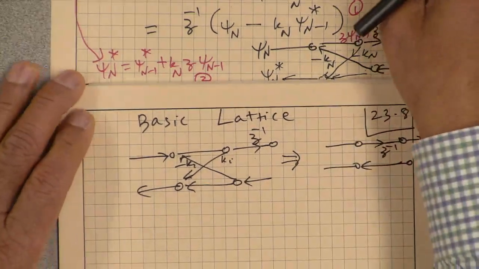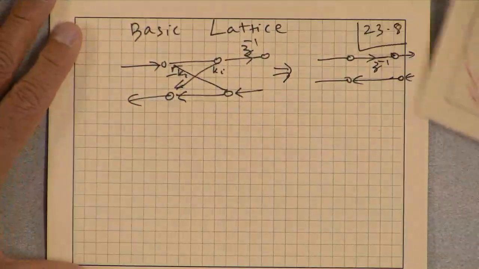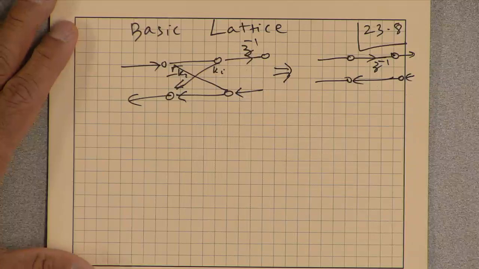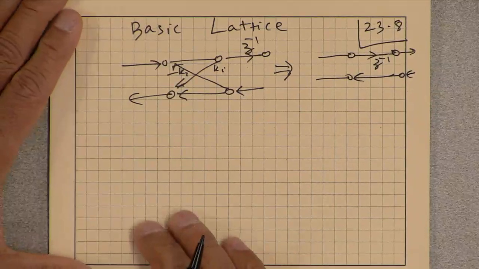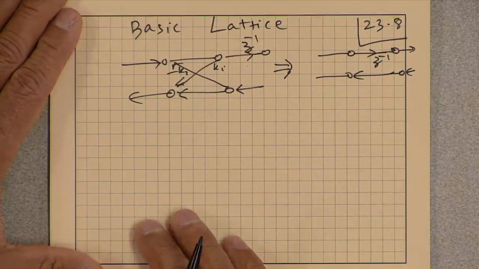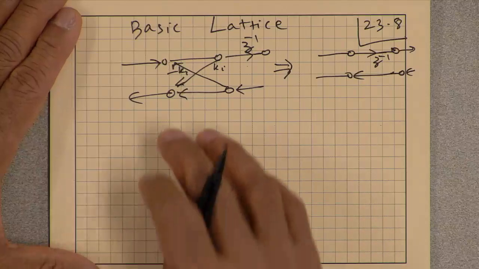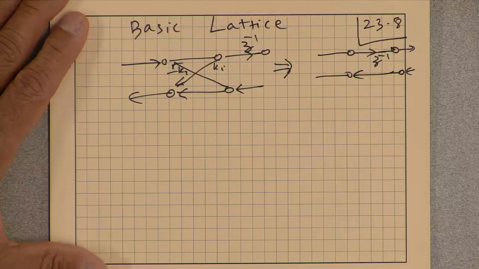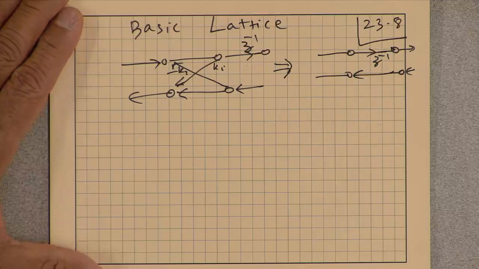So if the K coefficient is 0, then the stage just reduces to that. All the computations go away, so we only get one delay element.